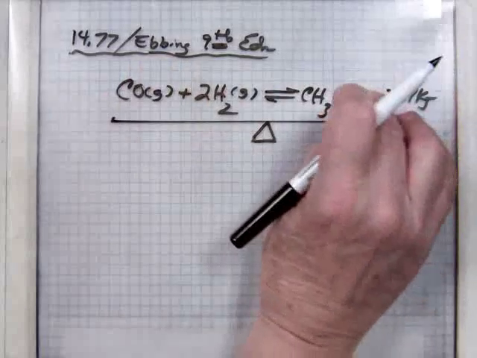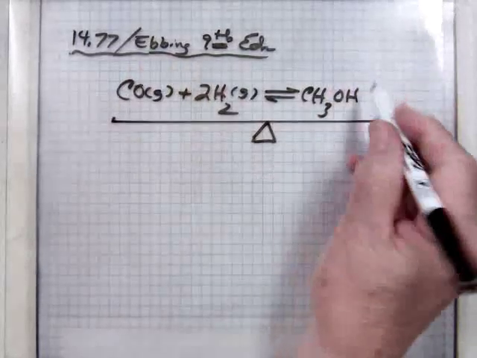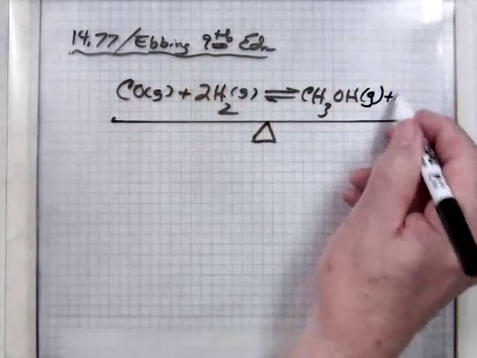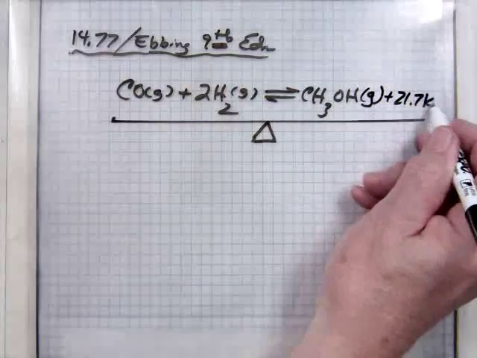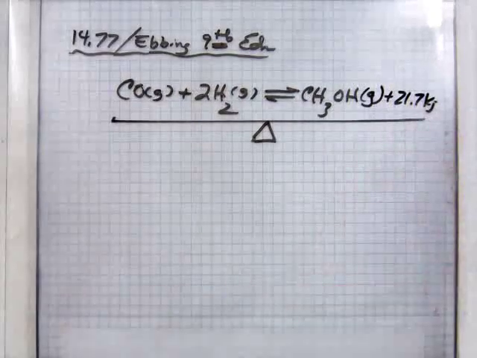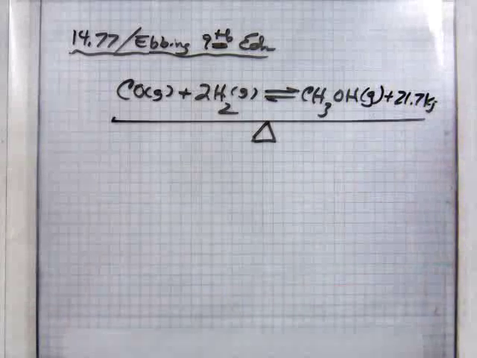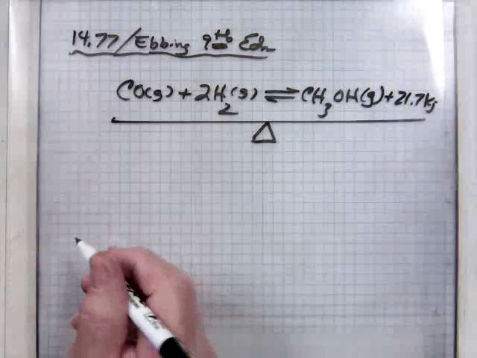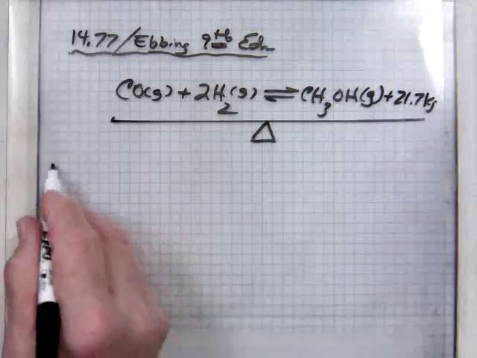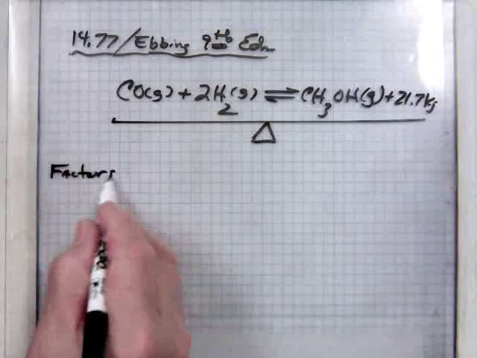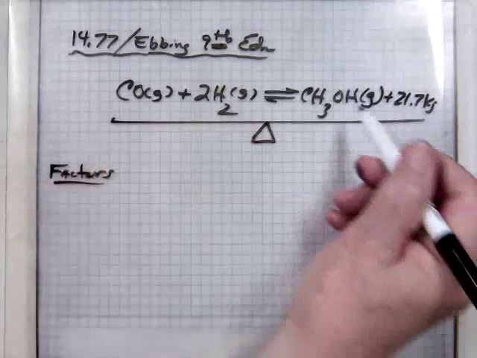I forgot to put gas on that. Let me put that. Very important that you put the phases in so that you can apply that pressure volume effect in this problem. Okay, so what are the factors that will affect this reaction?